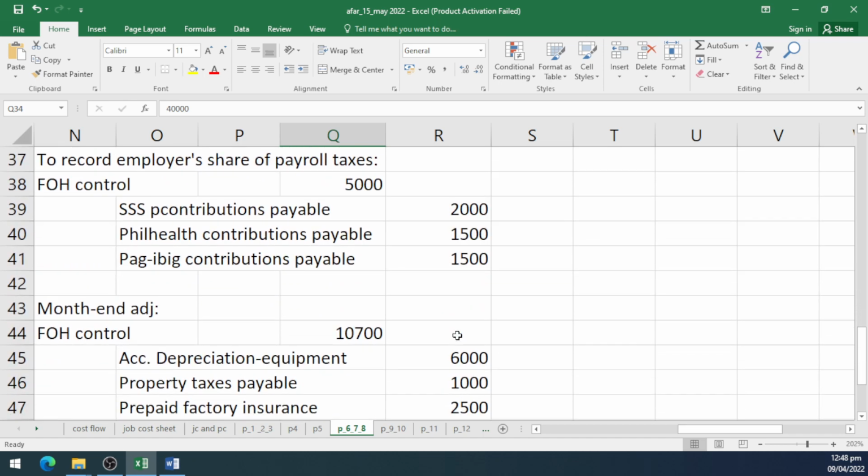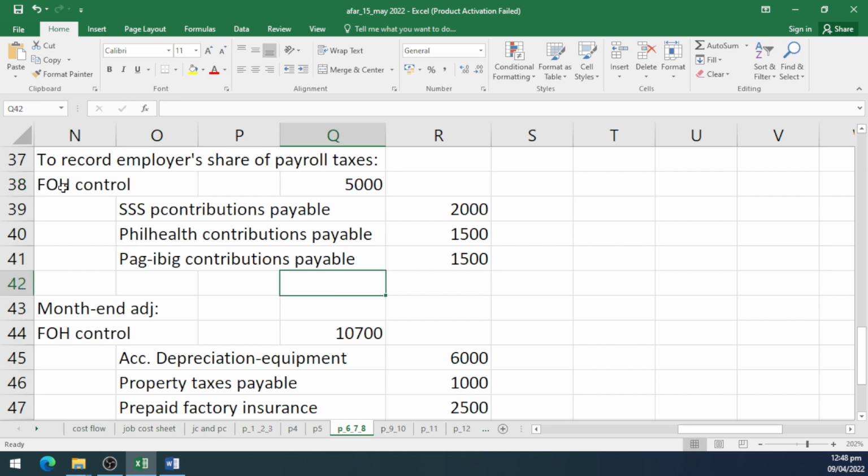Ngayon, ito po, yung binanggit ko kanina, yung tungkol sa payroll taxes, yung share ng employer sa SSS, PhilHealth, and Pag-ibig. If the payroll is attributable to manufacturing labor cost, ide-debit nyo yan sa factory overhead control. Ngayon, kung non-manufacturing o the SG&A, selling, general, and administrative expenses.